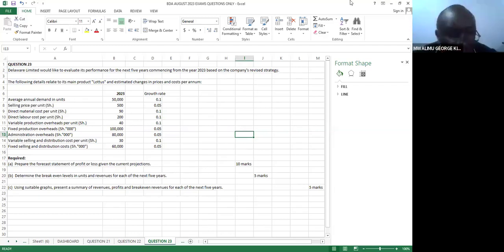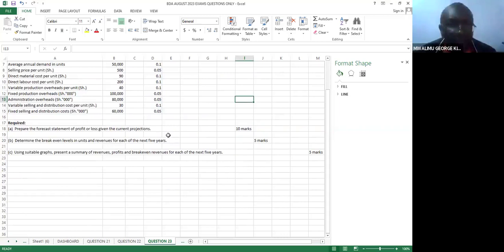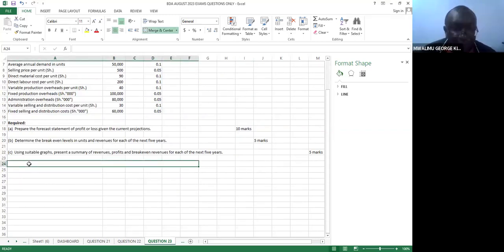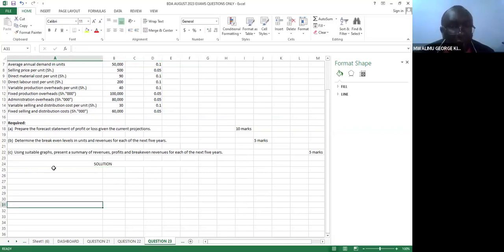Okay. So when they mention the break-even point, we must know how we organize ourselves. So here we can have the solution here. See, even this one is new, eh?